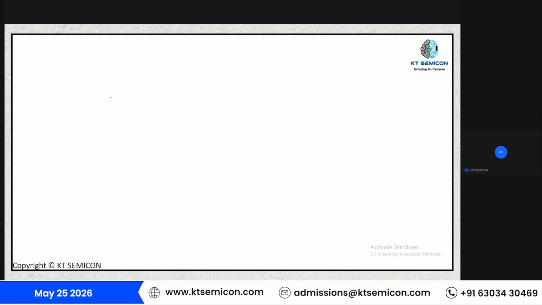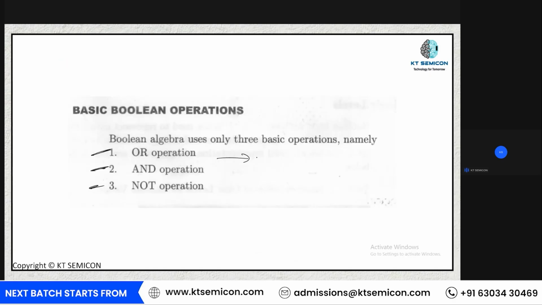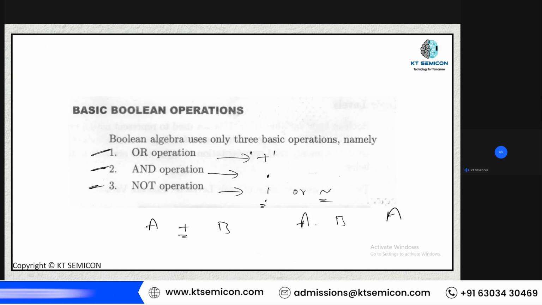We represent the OR operation with the plus symbol, the AND operation with the dot symbol, and the NOT operation with either a complement, an exclamation mark symbol, or this symbol. You can also represent it with a bar.